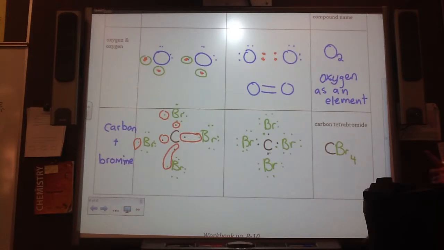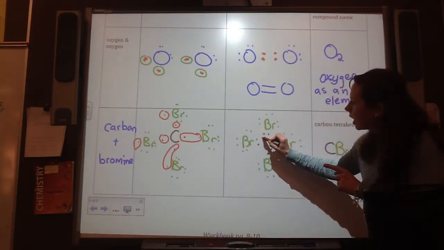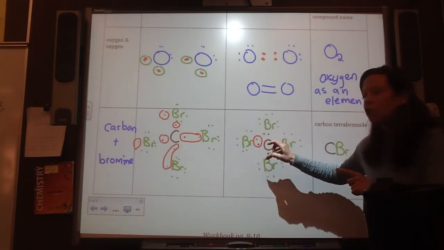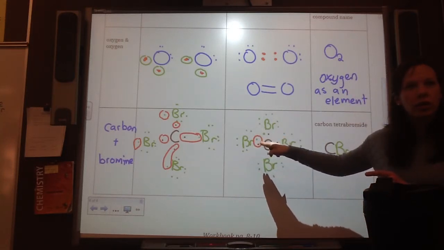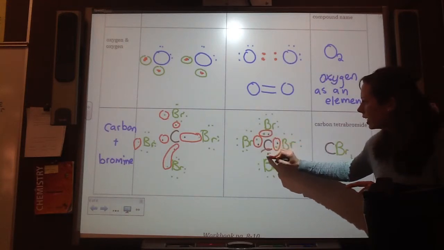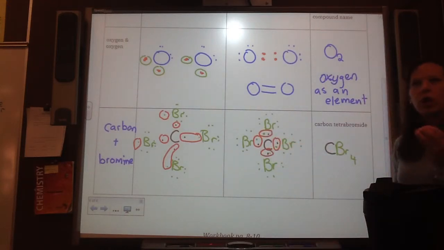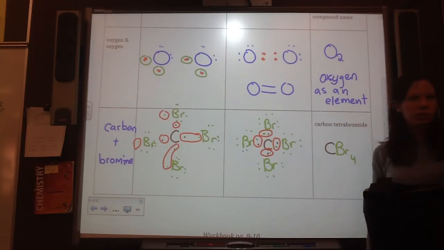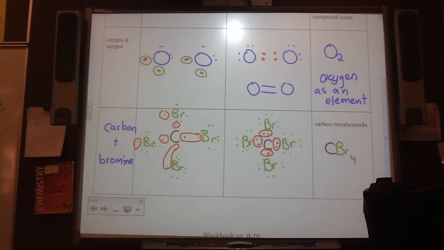So it's like the bonding electron from bromine and carbon are sharing them. See, they're sharing them in each one. You don't have to draw the circles I just drew, I'm just showing them to you. So that's how I end up with a molecular compound. So now each element is stable.